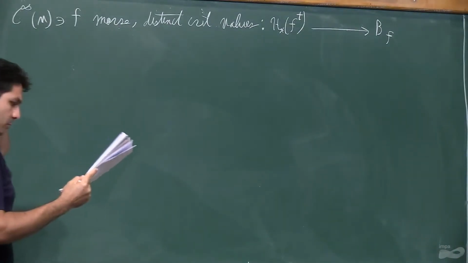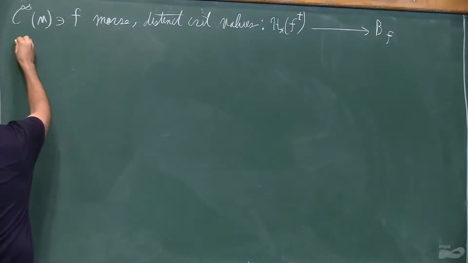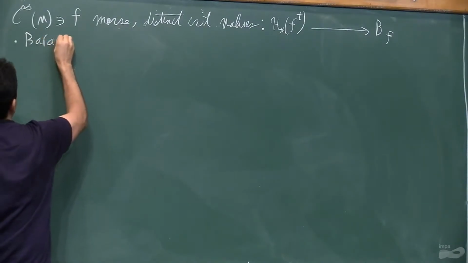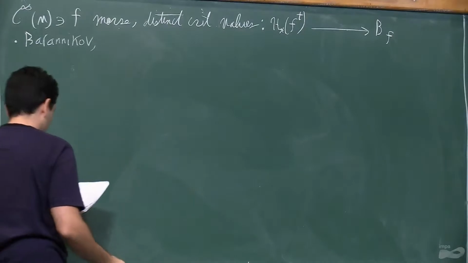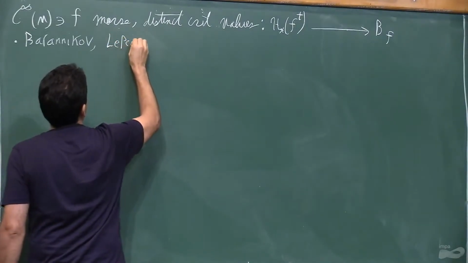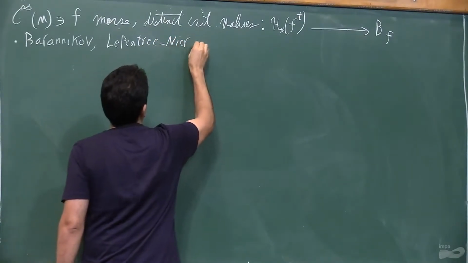So what I'll explain is due to Barannikov, although he doesn't use this language. And the specific procedure I'll use is from a paper by Le Peutrec, Nier, and Viterbo.